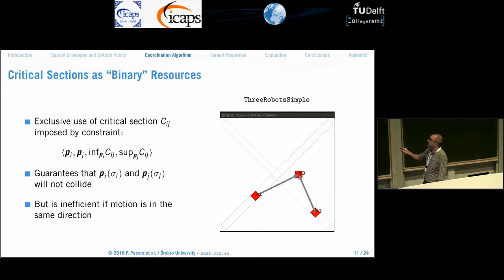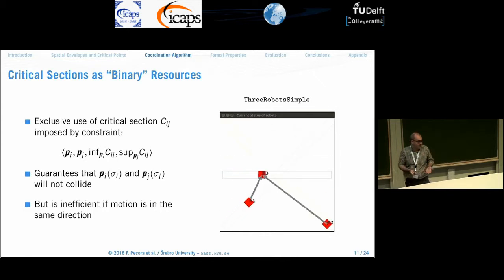And this is very easily done by simply saying that the critical point is the infimum of the critical section. So every robot will be forced to wait at the entrance of the critical section until the robot that is given precedence has exited it. Now, of course, this guarantees that the trajectories will not collide.